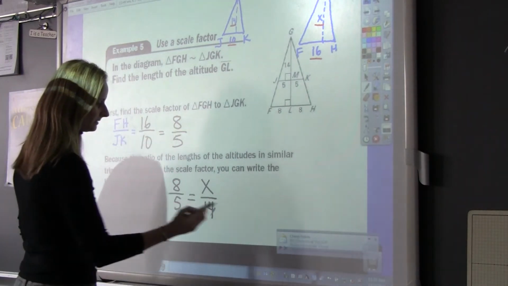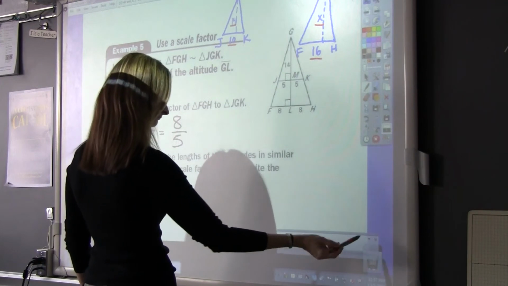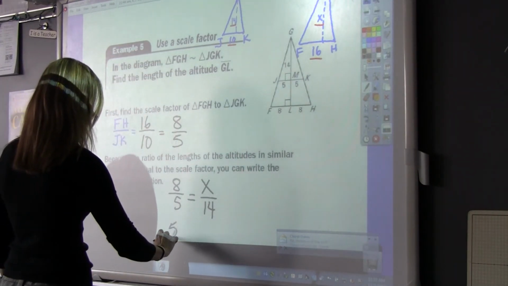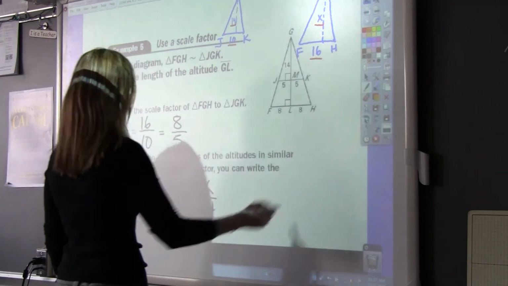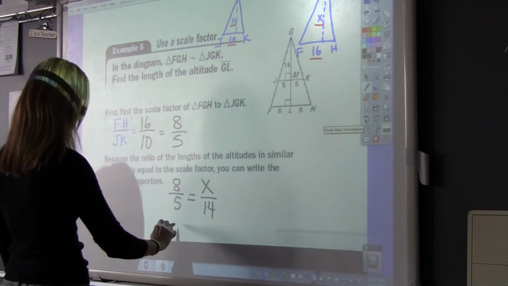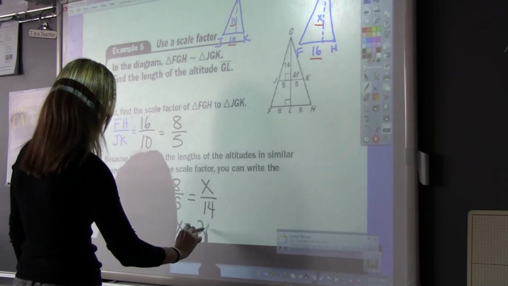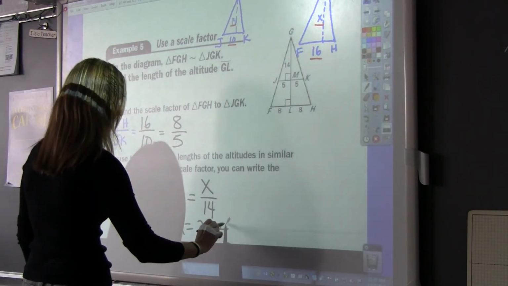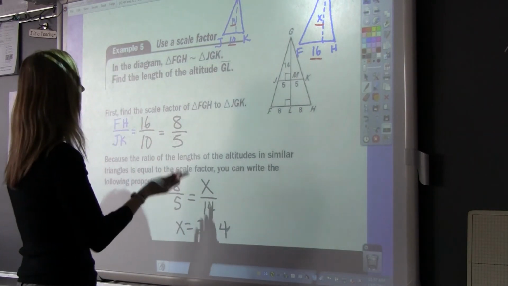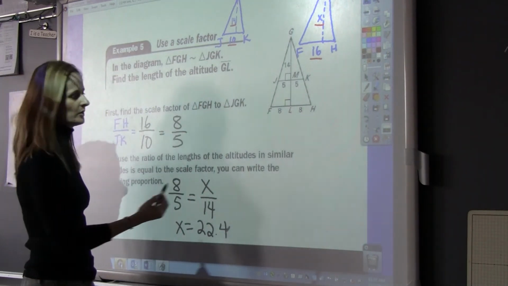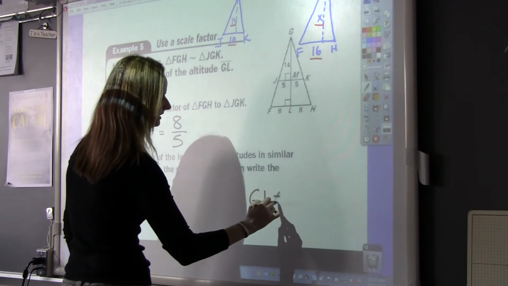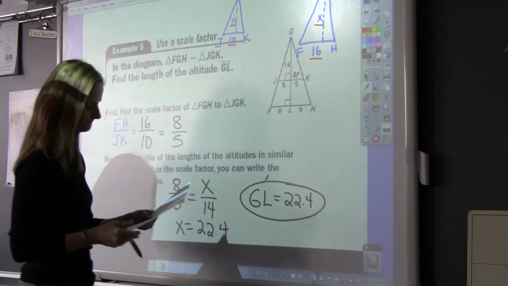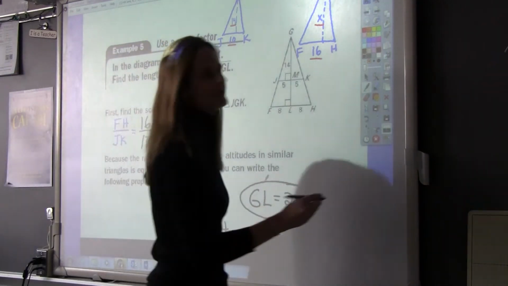So normally I'd write X equals 22.4. And then since they're asking to find GL, we really should then write GL equals 22.4. There we go.